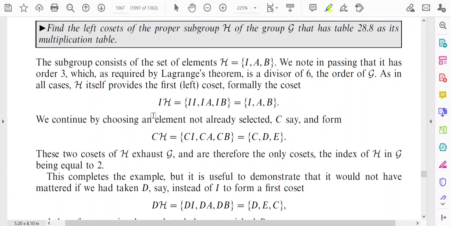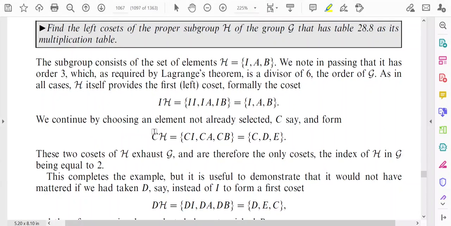Formally the coset is I into H. So to find the first left coset, we multiply the identity element I with the subgroup capital H. So I into H is equal to I into I, comma I into A, comma I into B. So I into I is I, I into A is A, and I into B is B. So I, A, B, that is the subgroup itself, is the first left coset corresponding to capital H.